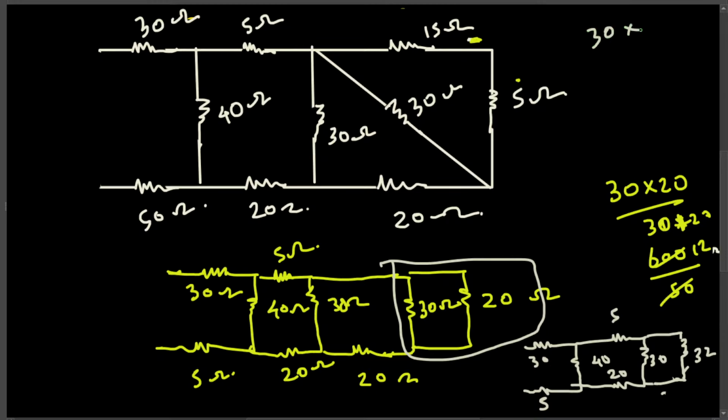30 times 32 divided by 30 plus 32. 30 times 32 is what? Let me calculate this. 30 times 32 is 960. 960 divided by 62, that is 15.5.